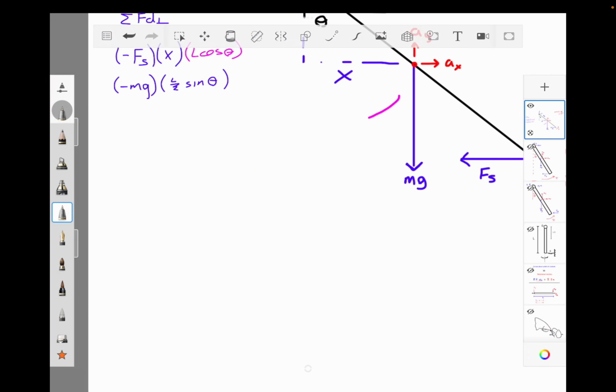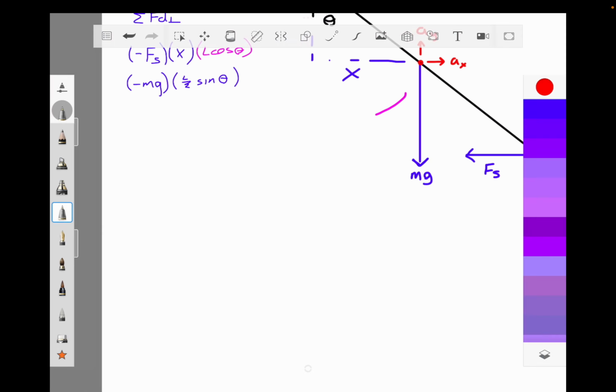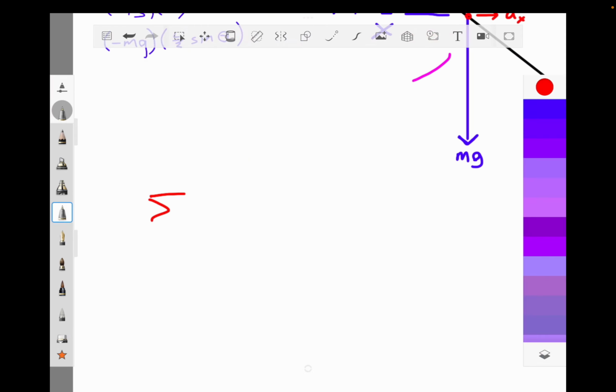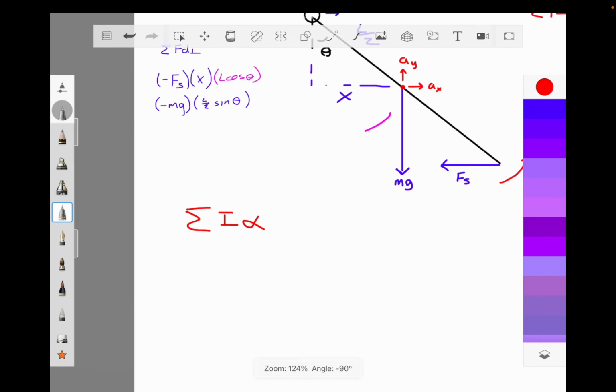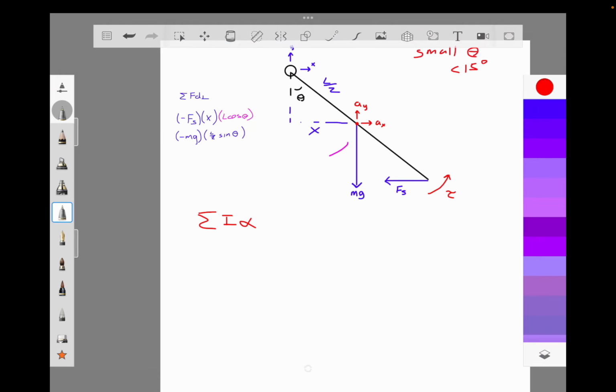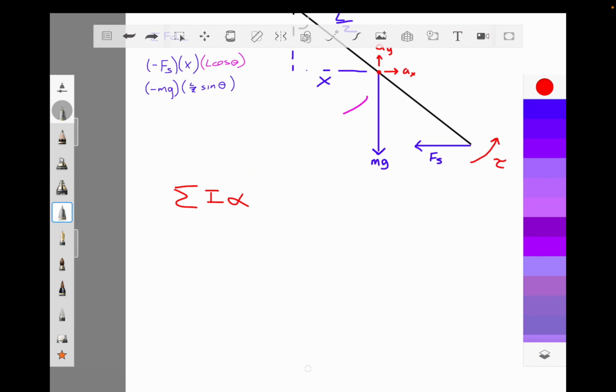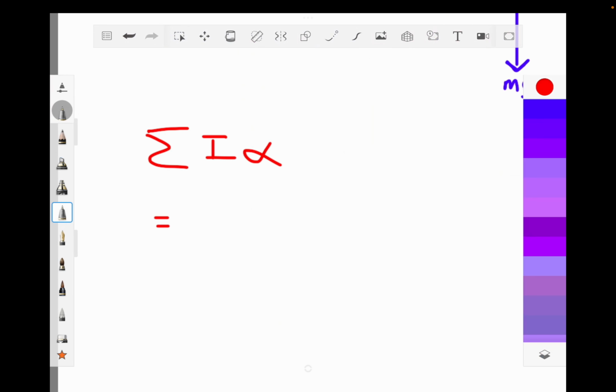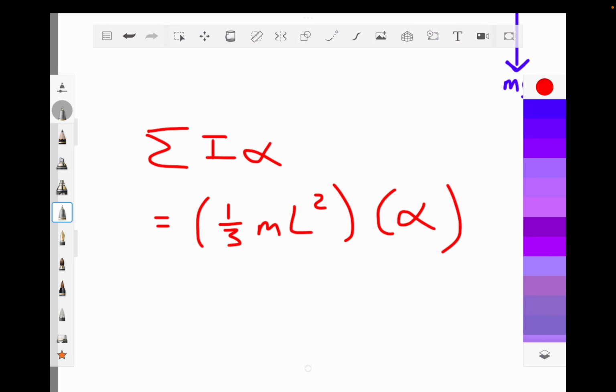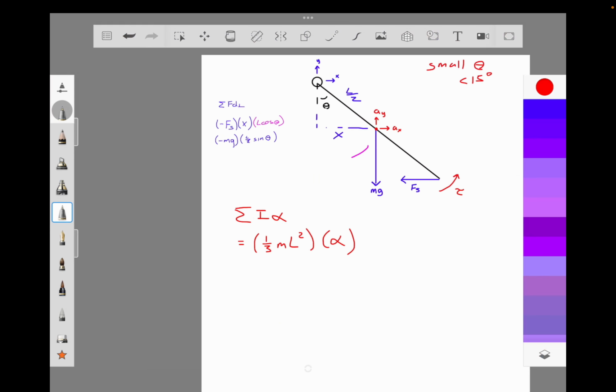So, now let me use red. So the sum of I alpha, there's only one, it's right here. You only really got to worry about that one. So it's going to be equal to I, which is 1/3 ml squared, times alpha. And that's pretty much it for this one, because this is the inertia for a rod about a point from one of the ends.